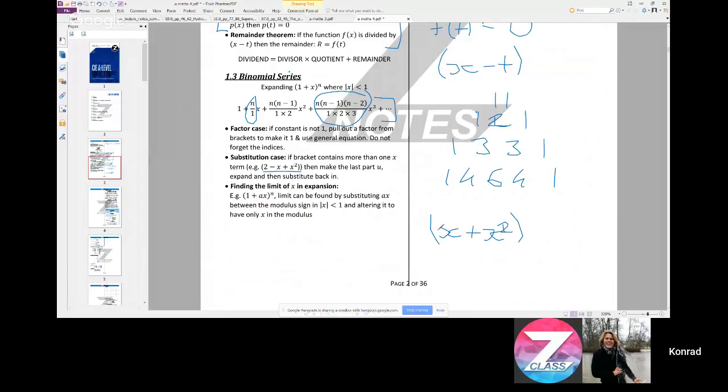Okay, that's not the ideal example, but something like this to the power of n. How could you turn this into a binomial with a 1 at the front? You need to take x out of the brackets. Yeah, so that's why I said it's not an ideal answer in this case.